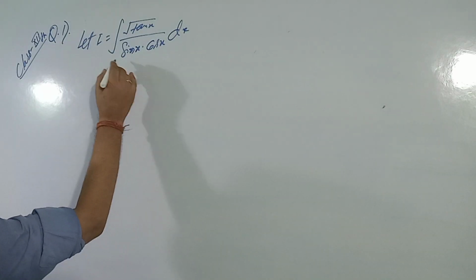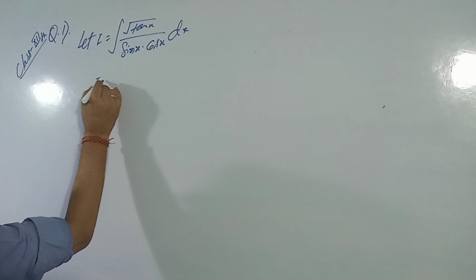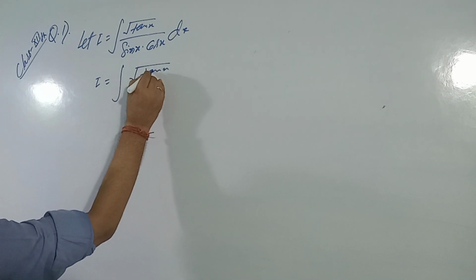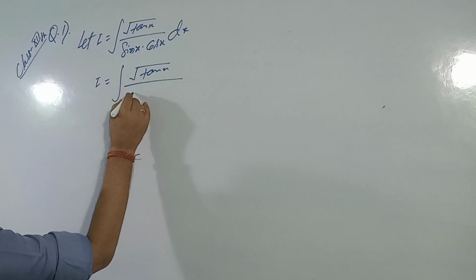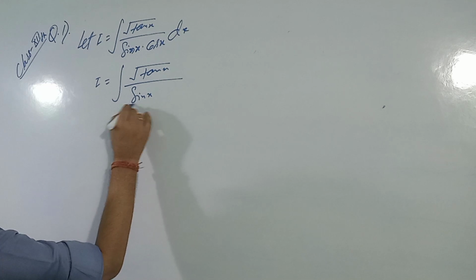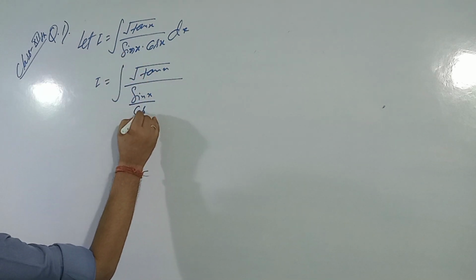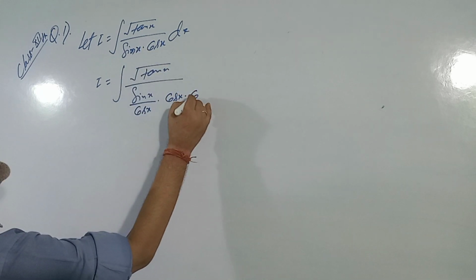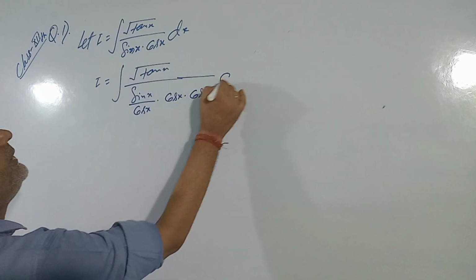So I have this question, solve it: root tan x over sin x into cos x. So sin x is divided by cos x into cos x, and cos x also, dx.